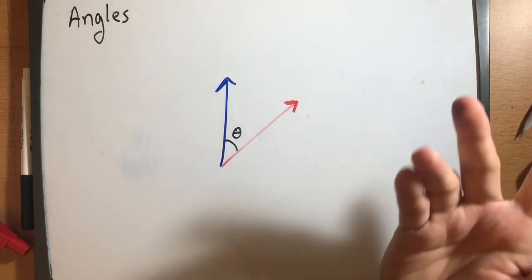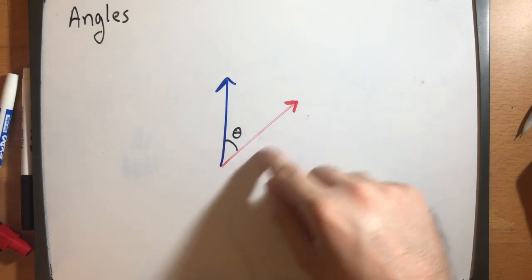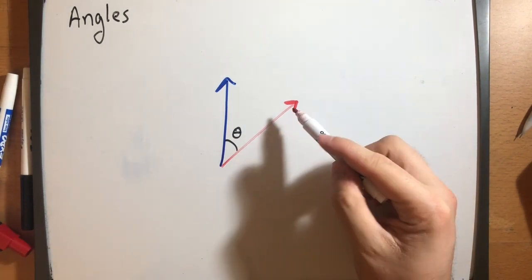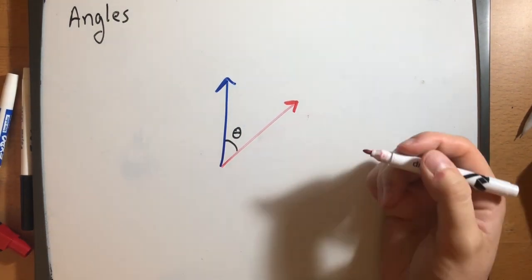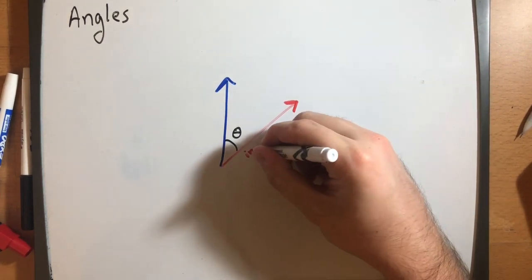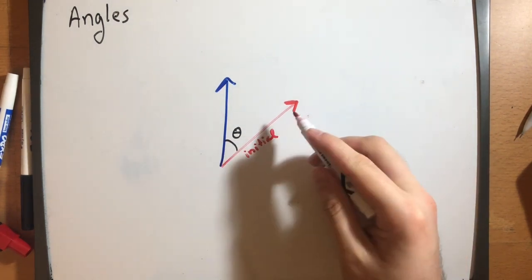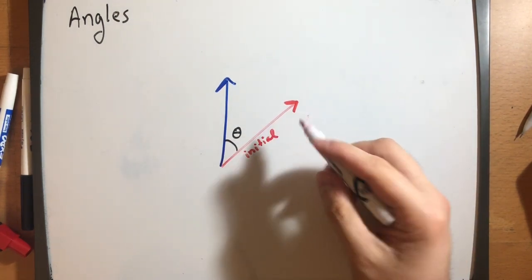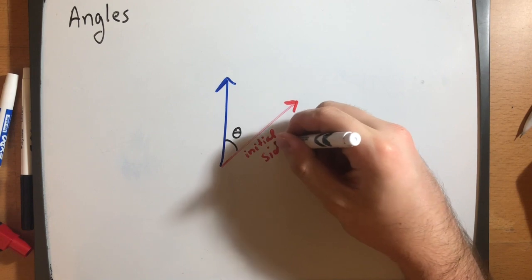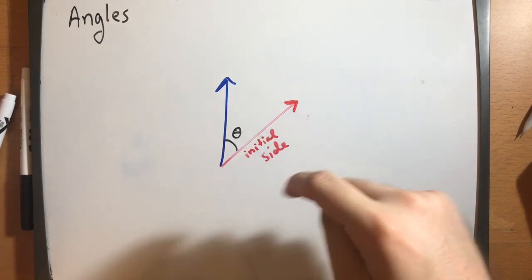Now, what we may do here is, let's say that we wanted to leave the red ray static. We didn't want it to move. This is what we call the initial side. The initial side is a ray that does not move. And if we wanted to change the angle, we'd then want to move the blue ray around.